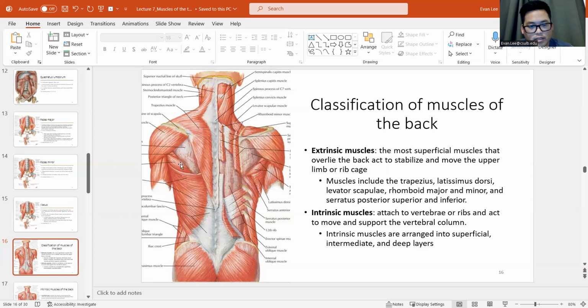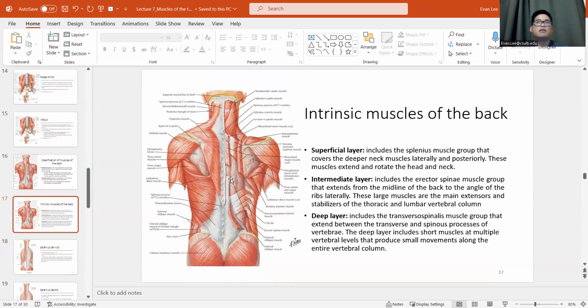So if you remove all these muscles, and even serratus posterior, superior and inferior are kind of in the way, this is where we're going to see the deep back muscles. These are not necessarily affecting the ribs or the scapula. These are going to be affecting the vertebrae more than anything, or the head. So if you look closely, the intrinsic muscles are, well, actually not visible, but they're going to be layered into deep, intermediate, and superficial muscles.